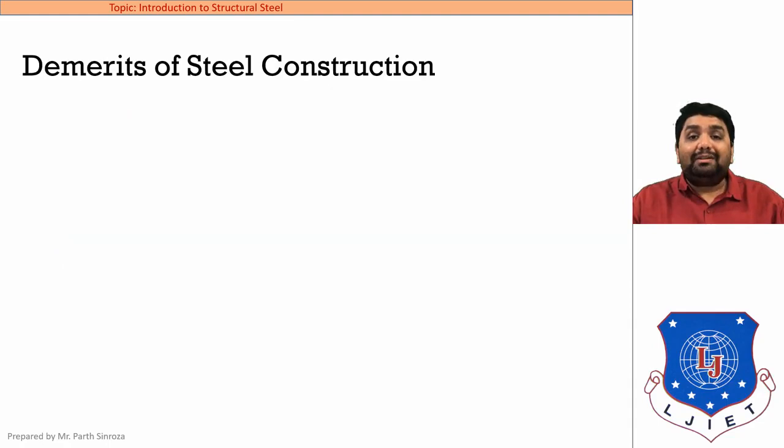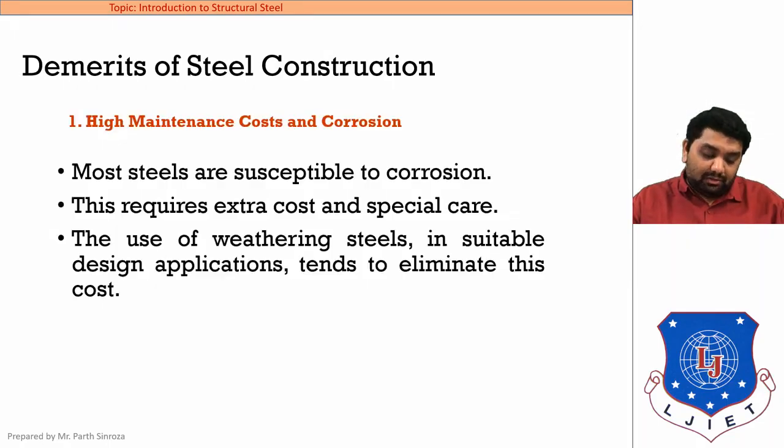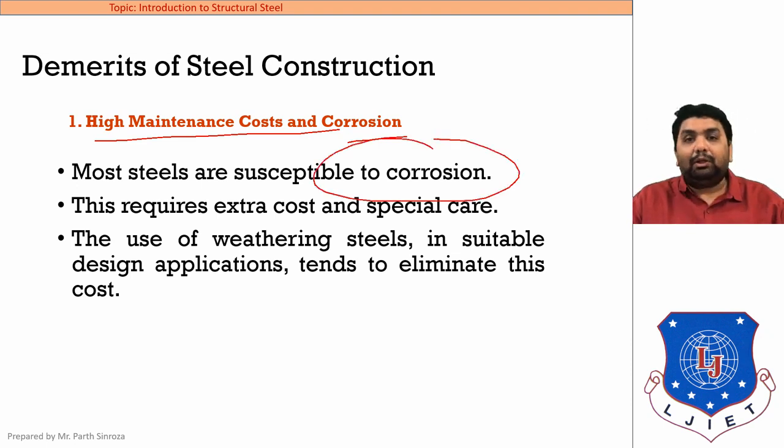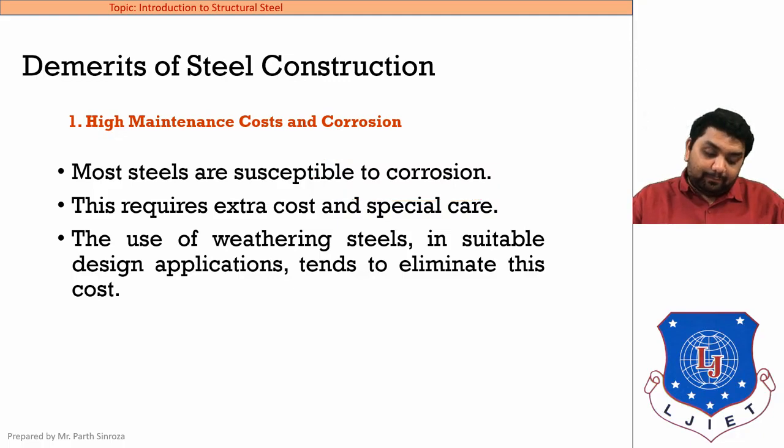Now we're looking at the demerits of steel construction. The first demerit is high maintenance cost and corrosion. As you all know, steel is much costlier than concrete, and it is also susceptible to corrosion. That means to avoid corrosion, various sprays or chemicals are being used, which are also very expensive in nature.